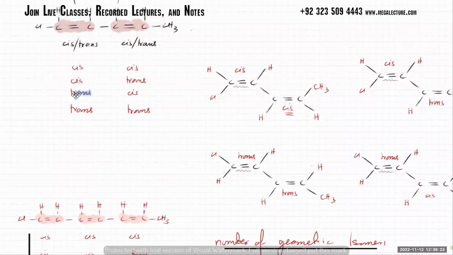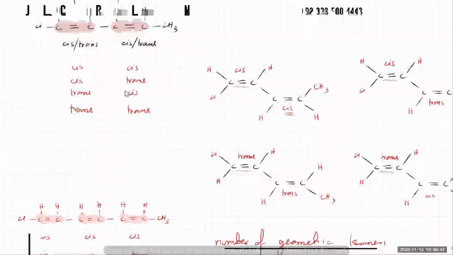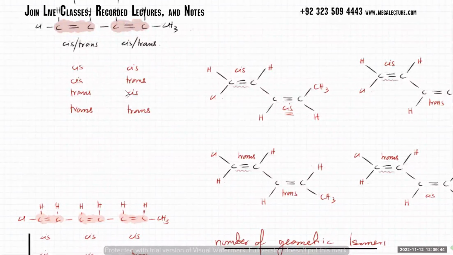Yes sir. So your number of isomers will actually decrease. Everything is exactly the same, except if I make this molecule symmetric, then it will have 3 isomers. It will have cis-cis, it will have trans-trans, and the two in the middle would be exactly the same molecule. So you're going to have 3 geometric isomers.